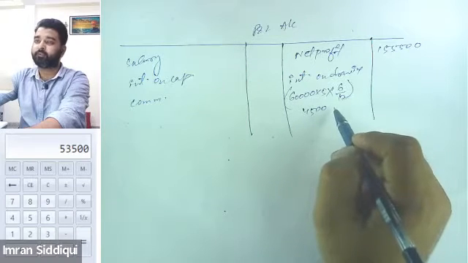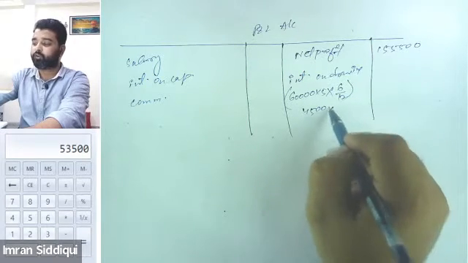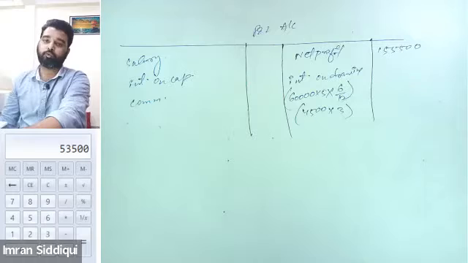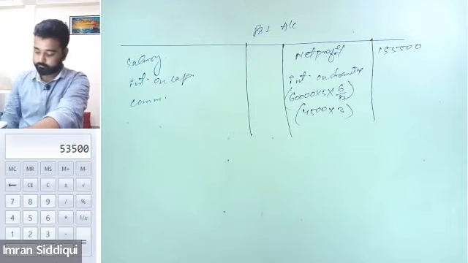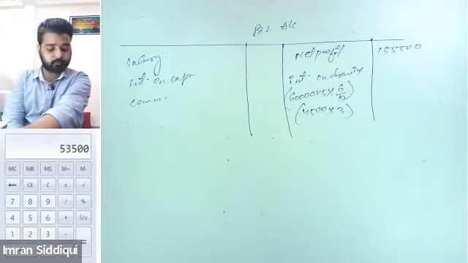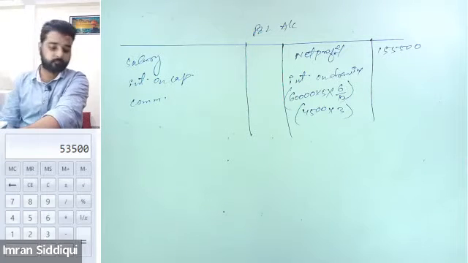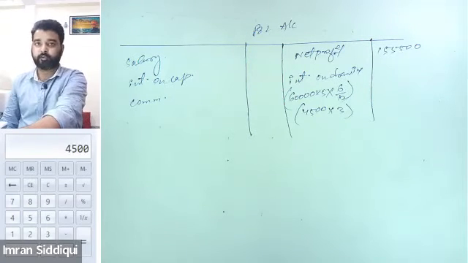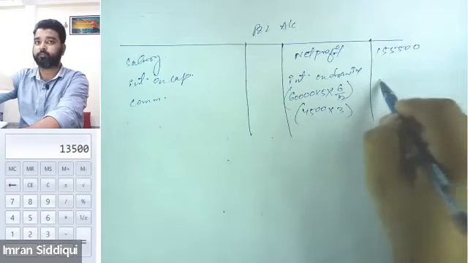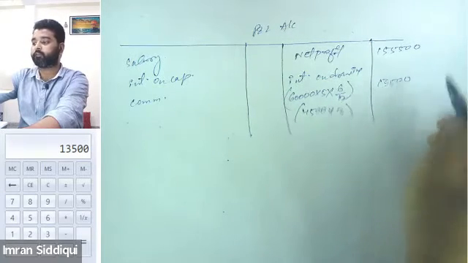And since everybody has withdrawn the funds, 4,500 into 3, total interest on drawing will be 13,500.